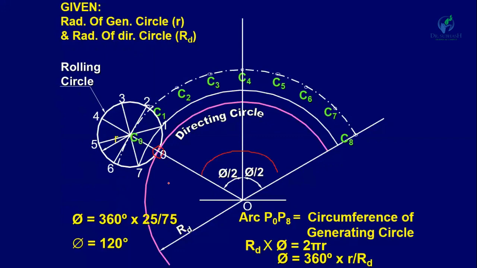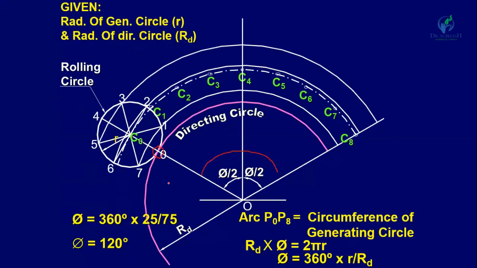So a circle passing through 1 and 7, through 2 and 6, through 3 and 5, and through 4. Now you have to take the radius equal to the rolling circle, that means 25 mm, and take the different centers C1, C2, C3, C4, C5 up to C8 and draw arcs.